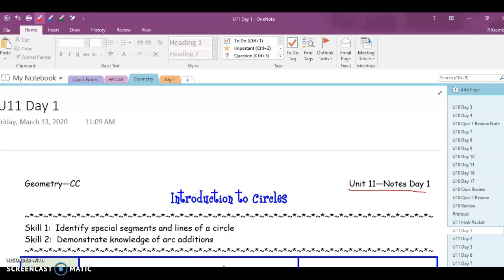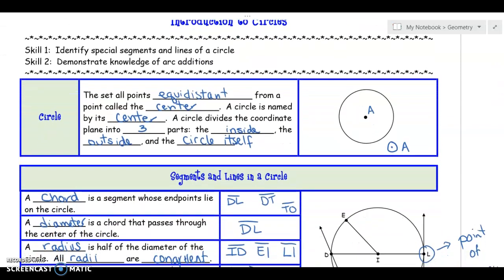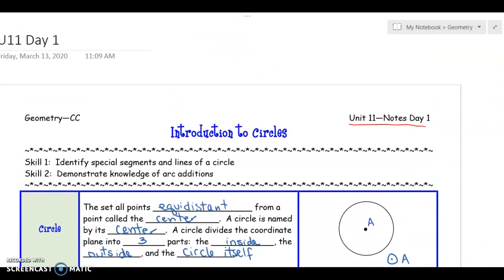I believe everybody in this class got a copy of the Unit 11 packet, but I know a handful of you were gone on that Friday. Hopefully this will help if you already looked at the notes and maybe didn't understand all of it. I'm going to go through it real quick, and then I'm going to do a little bit of the Day 2 notes. We're going to skip a majority of the Day 2 notes, but we'll do a few key things.